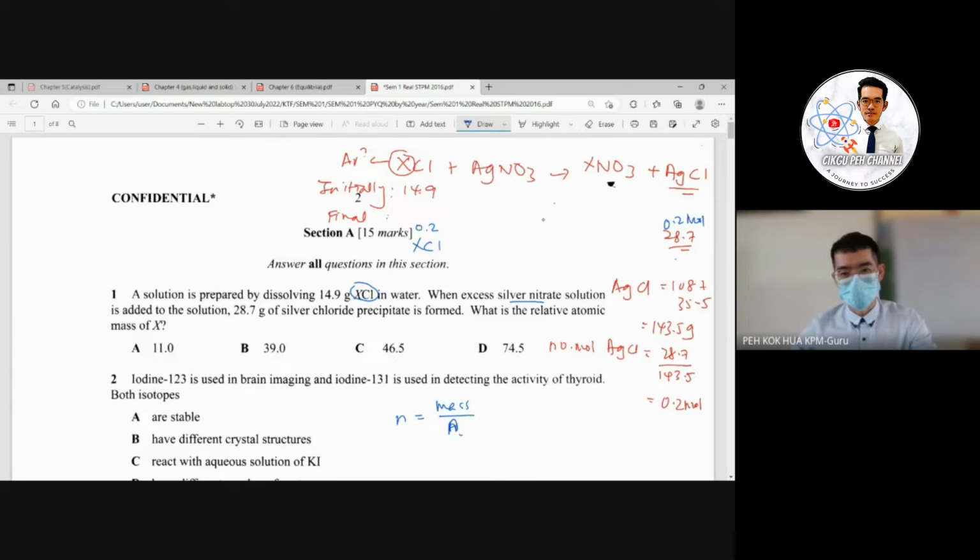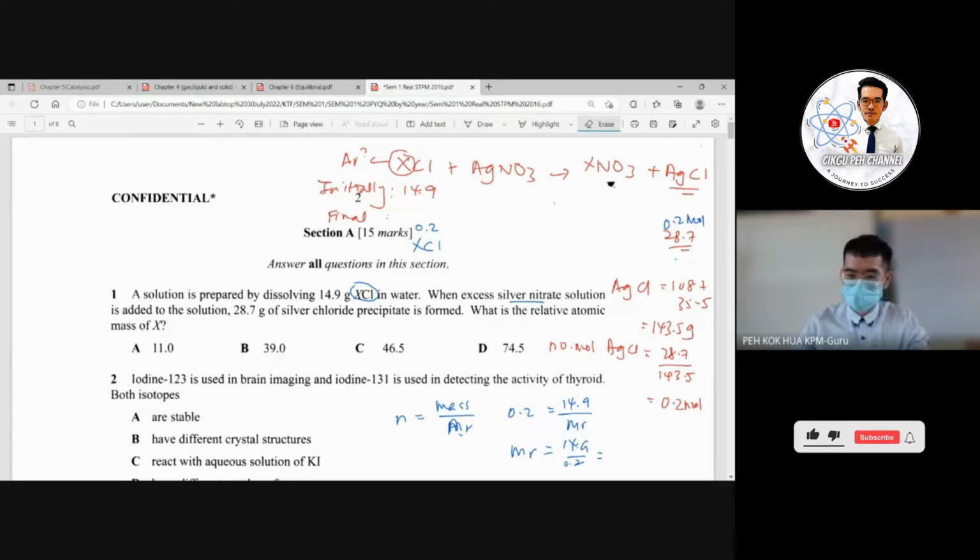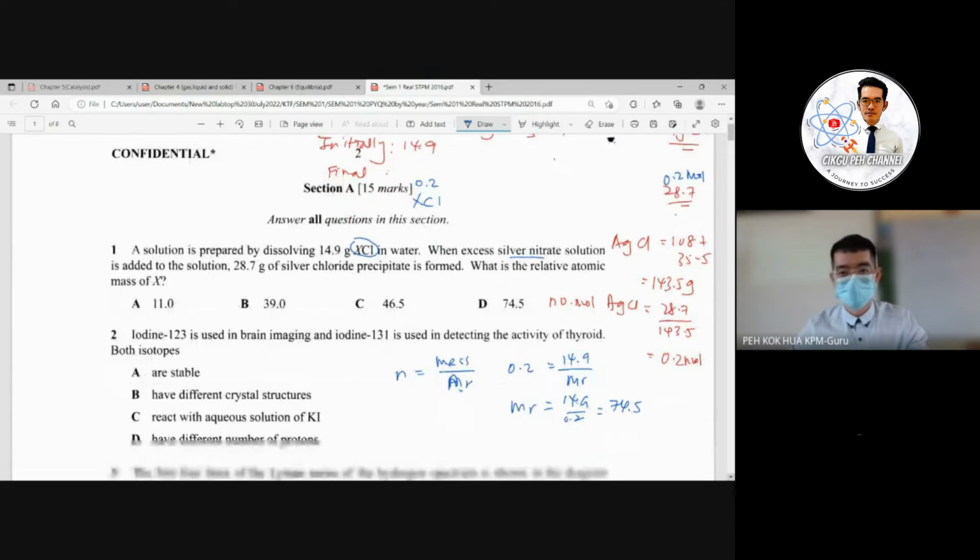So 0.2, and the mass used is 14.9. Then we get the relative mass: 14.9 divided by 0.2, 74.5. So this one is for the HCl.